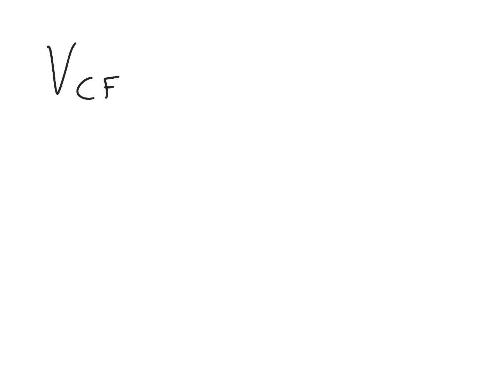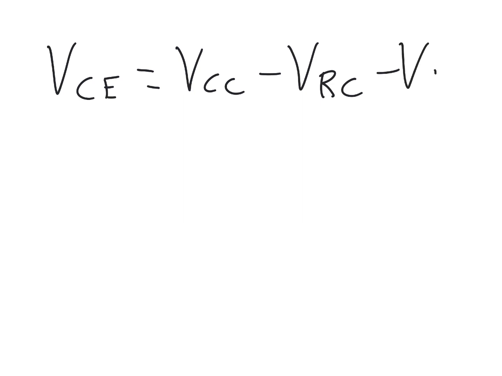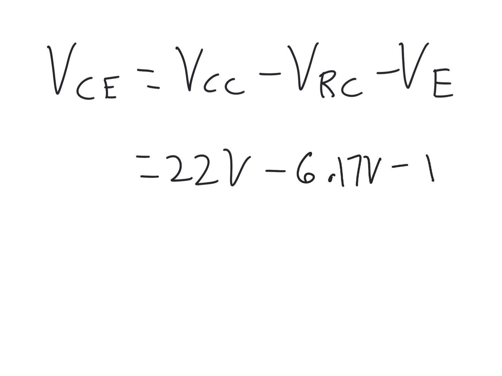The collector to emitter voltage is equal to VCC minus VRC minus VE, so 22 minus 6.17 minus 4.11.